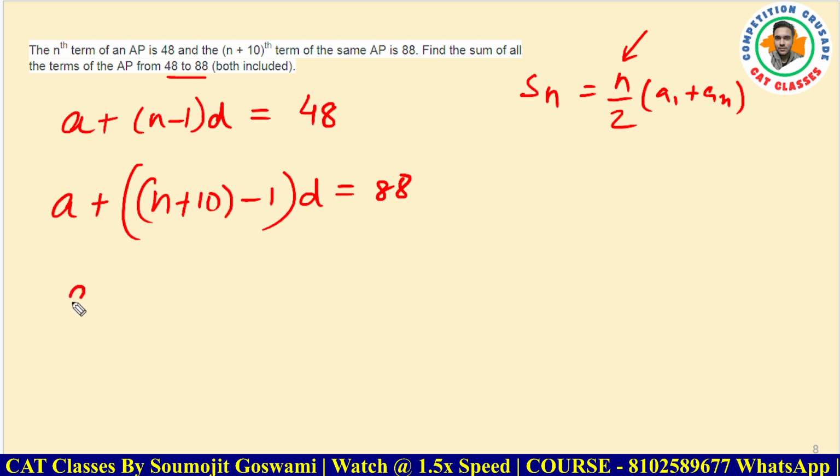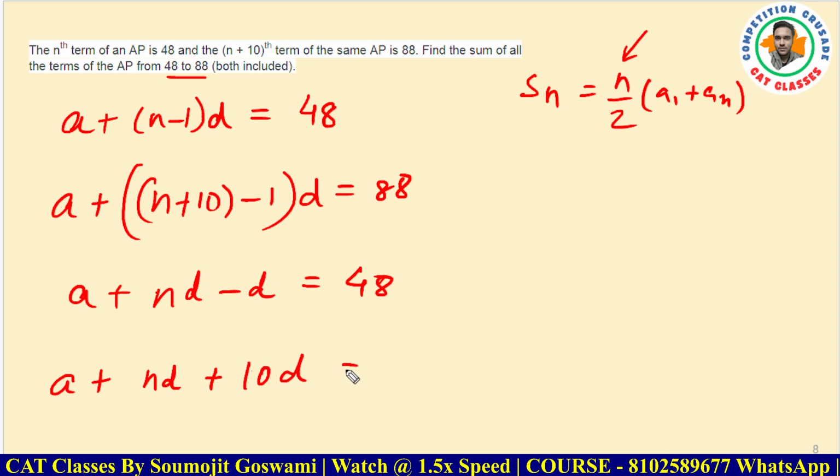This is going to be a plus nd minus d is equal to 48, and the other one is a plus nd plus 9d is equal to 88. I hope I haven't made any errors. Let me check once. So n plus 9, yeah, nd and all that.